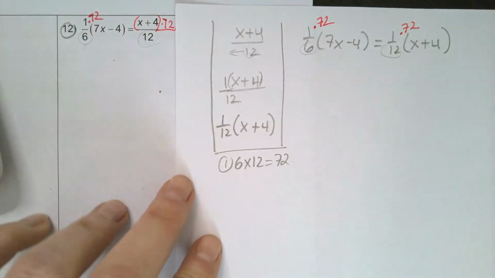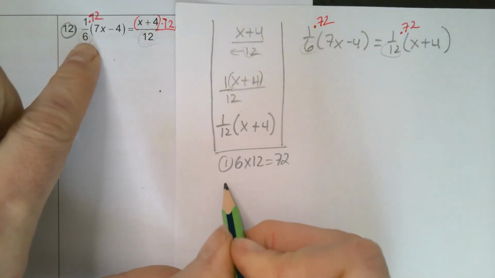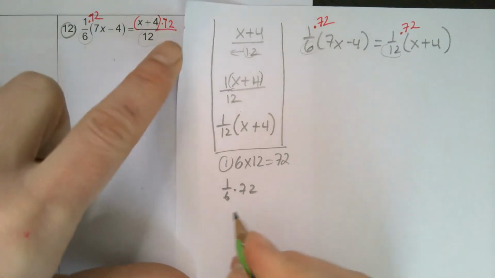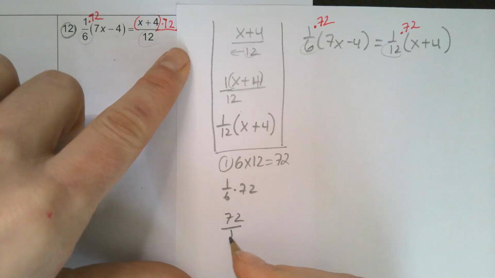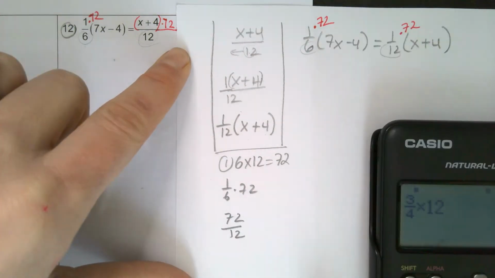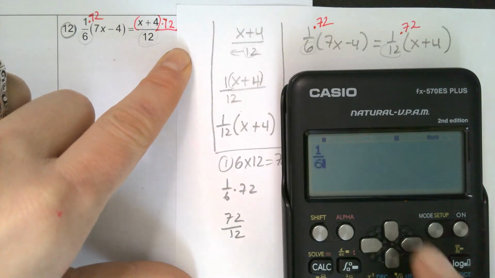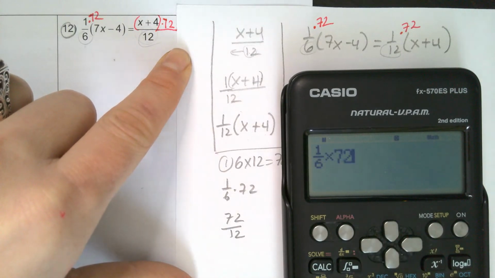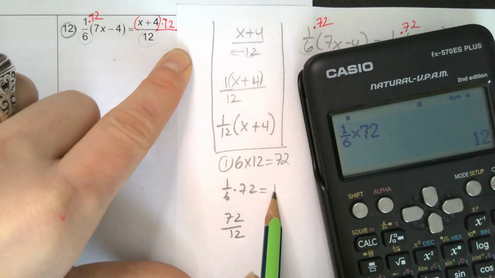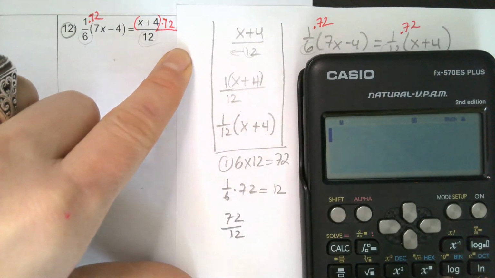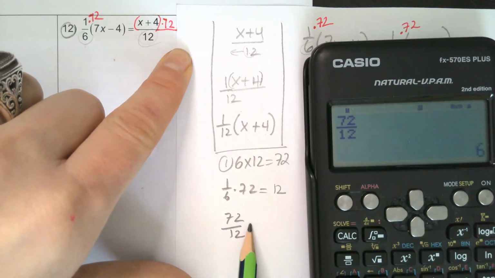Okay. So now I have 1 over 6 times 72. And then here I have 72 over 12. Okay, let's do it. So 1 over 6 times 72, that's equal to 12. And 72 divided by 12, that's equal to 6.